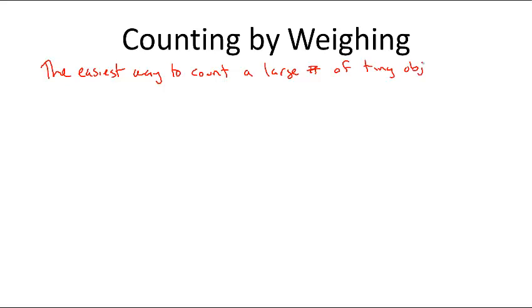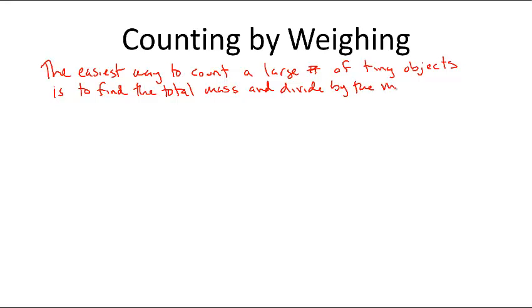Well, when we have a huge number of things, like atoms or molecules, the easiest way to count a large number of tiny objects is to find their total mass and divide by the mass of one of those objects.